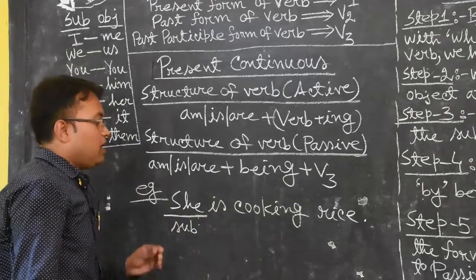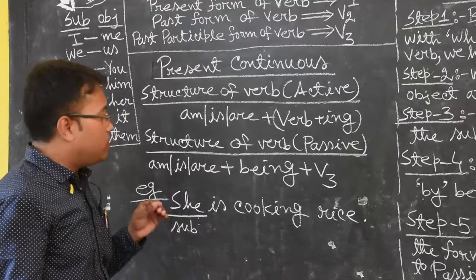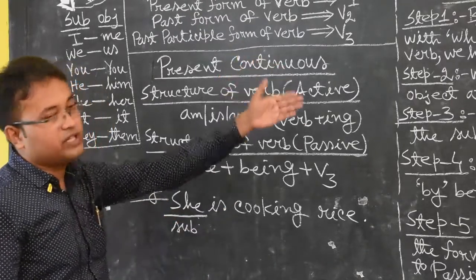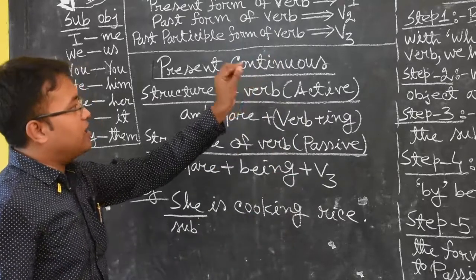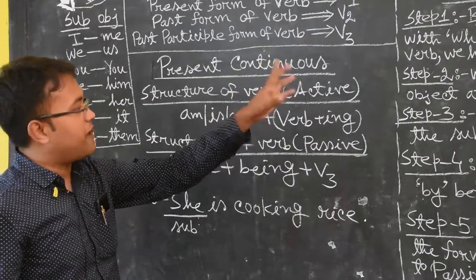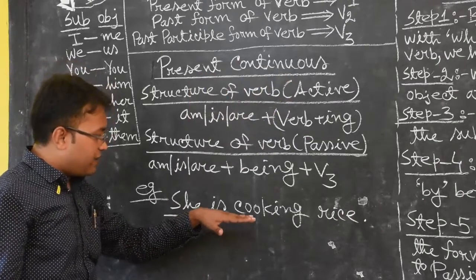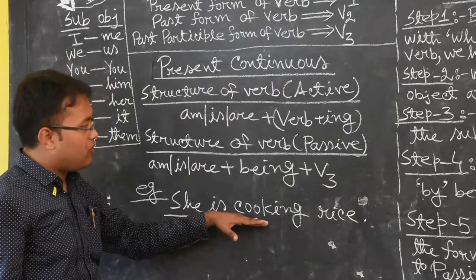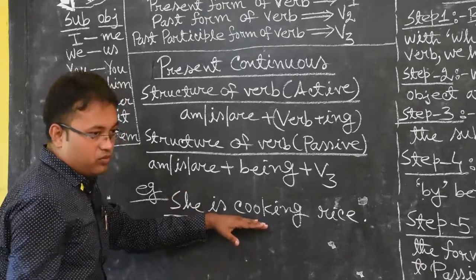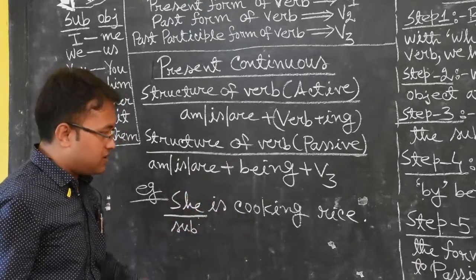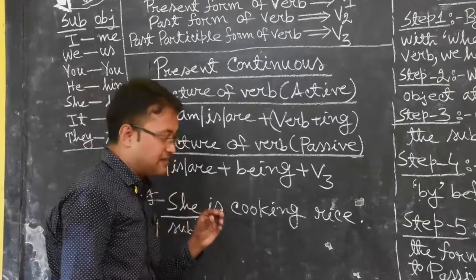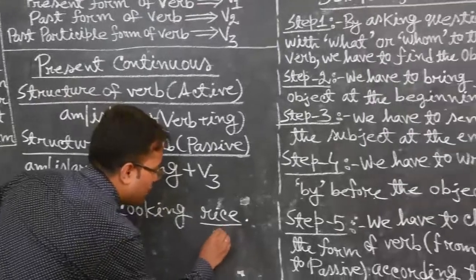And now we will do the voice change according to this step. Step 1. By asking question with what or whom to the verb, we have to find the object. Here the verb is cooking. Now I will ask question with what or whom. She is cooking what? The answer is rice. So rice is the object.